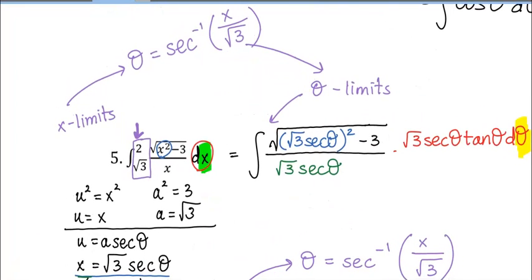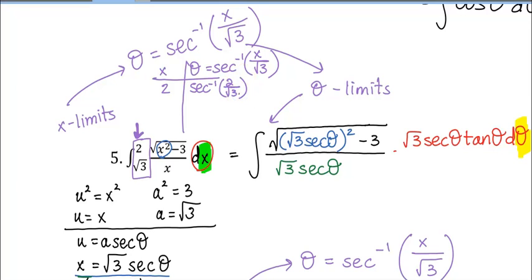So we started off with an upper limit of 2. Well, when x is equal to 2, let's see what theta is equal to. We know it's secant inverse of x over root 3. When x is 2, we have secant inverse of 2 over root 3.